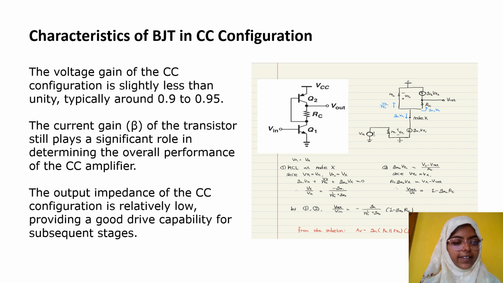Let us discuss the characteristics of BJT in CC configuration. The characteristics are the voltage gain, the current gain, and the output impedance. Firstly, the voltage gain.